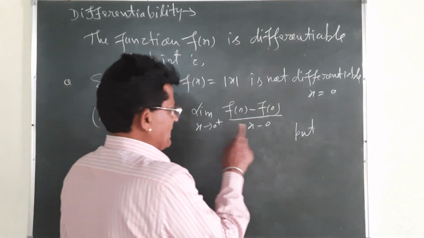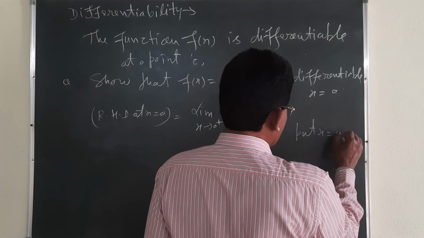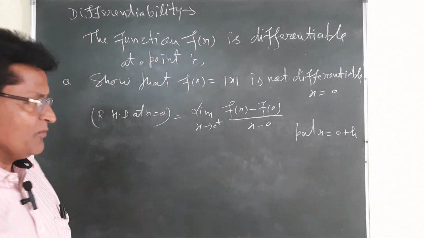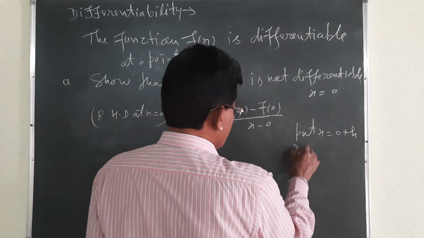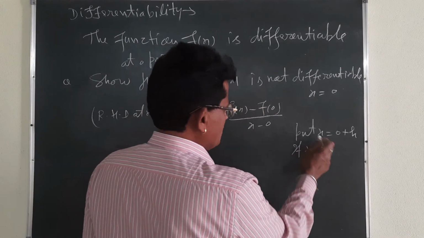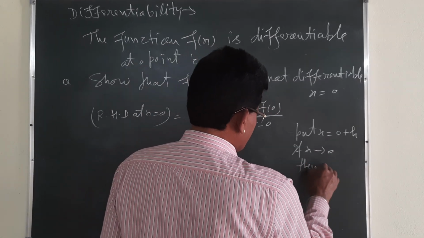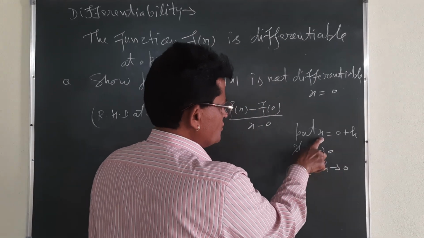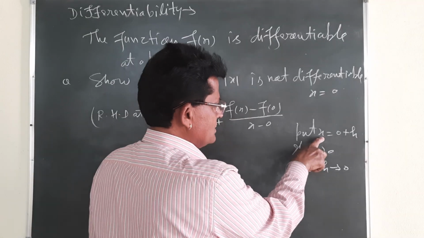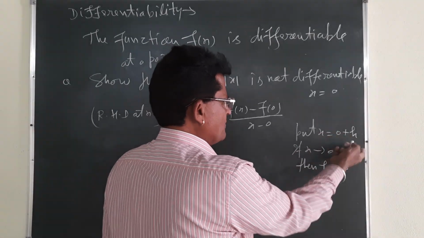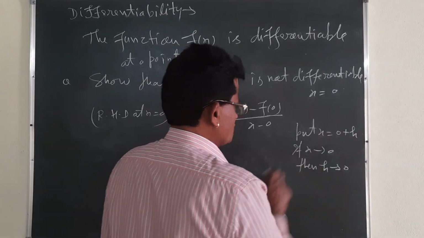That is why I want to put 0 plus h here, where h is very, very small. If x tends to 0, then in place of x we write 0 plus h, where h tends to 0.